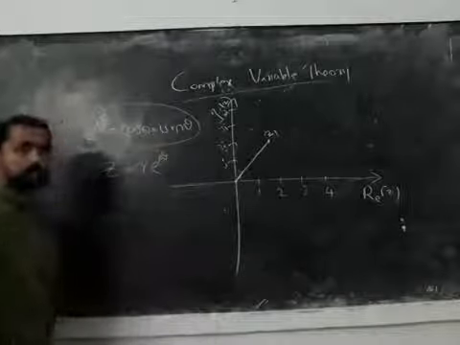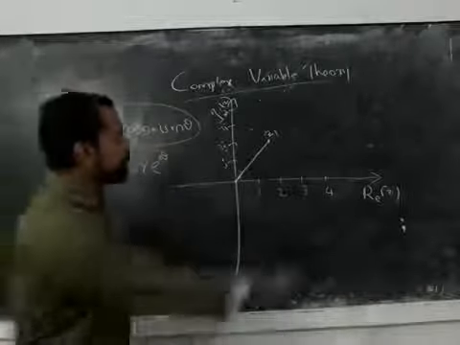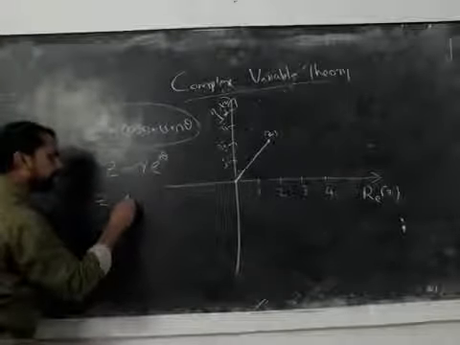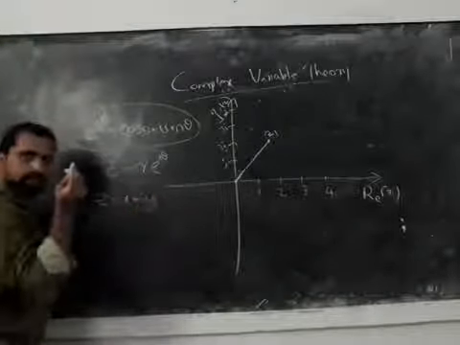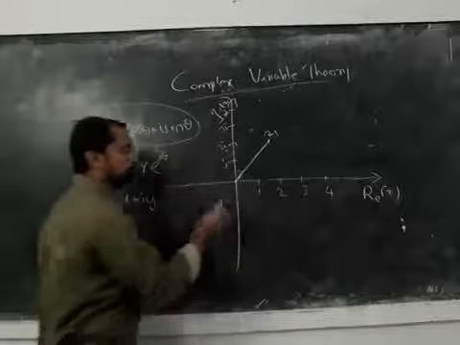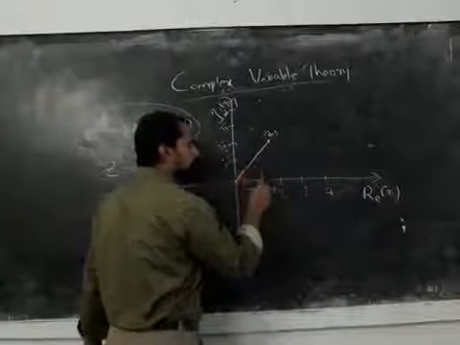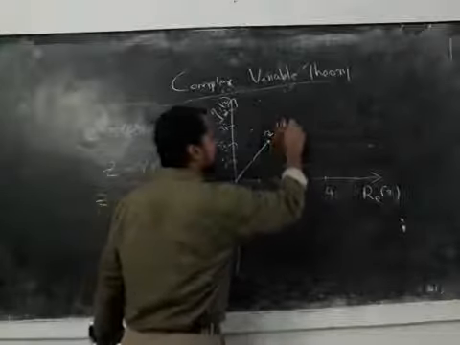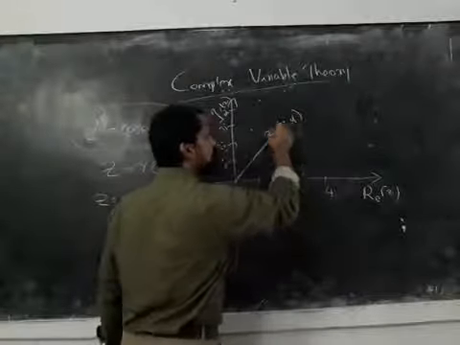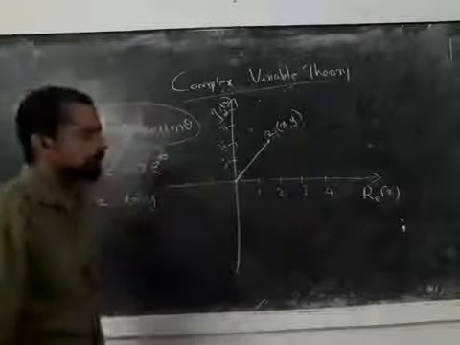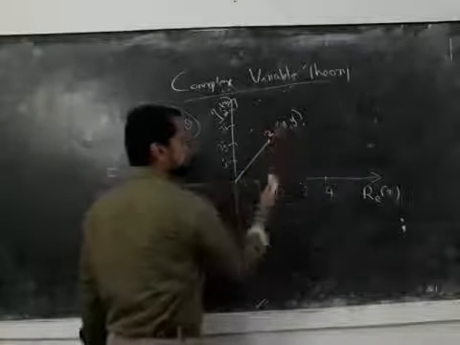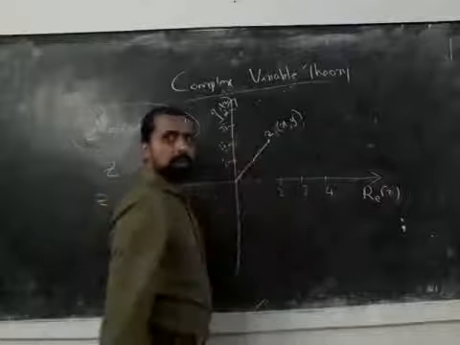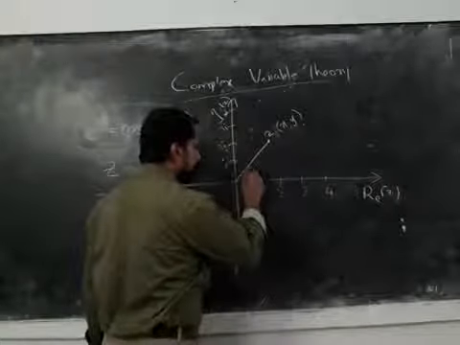You can counter check it, because you have z is equal to x plus iy. Here I am taking any point; this z is x comma y. This point is x comma y, x units on the real axis and y units on the imaginary axis.